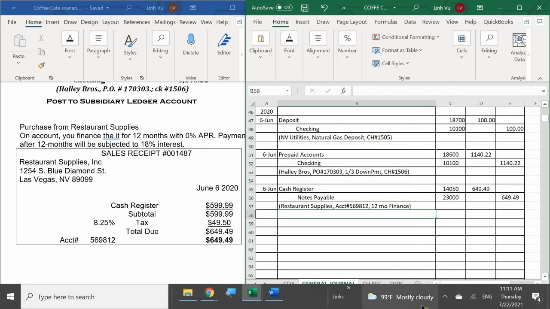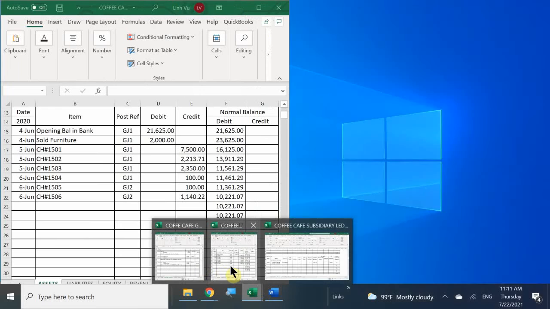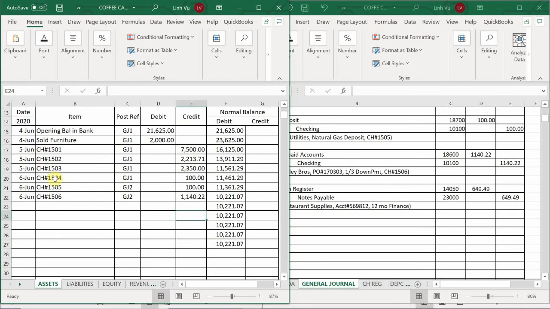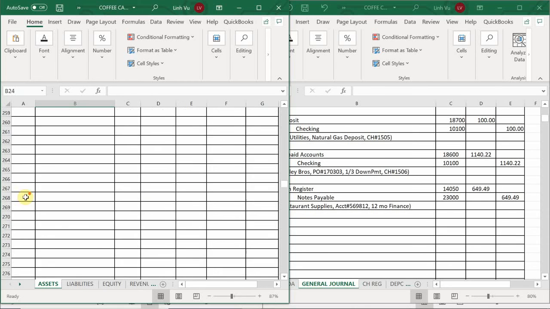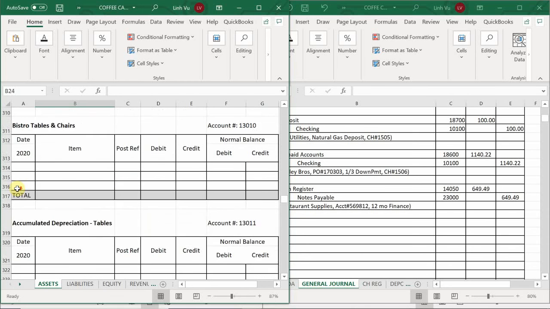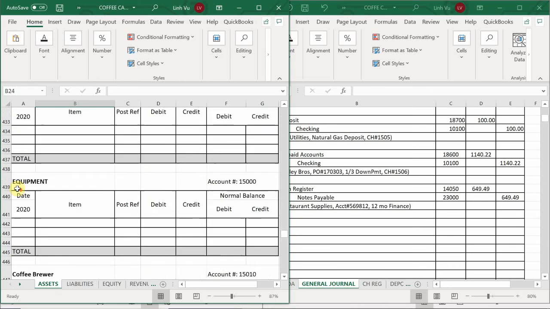So let's go to my ledger. And let's see. So again, I just purchased an asset, right? I purchased a cash register. So once again, that's going to be under office equipment.